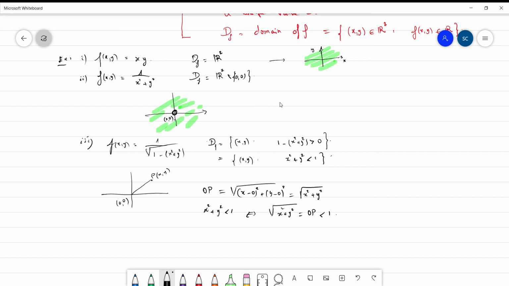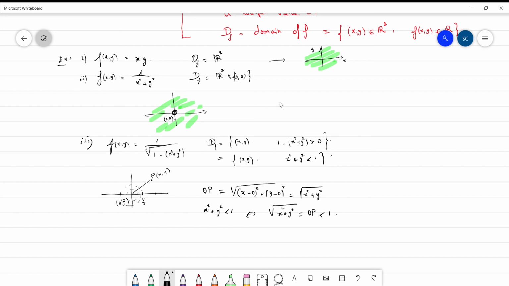That means if the distance is, for example, one half, I can keep all those points because it's less than 1. They describe the circle of radius one half, with x² + y² equal to 1/4.